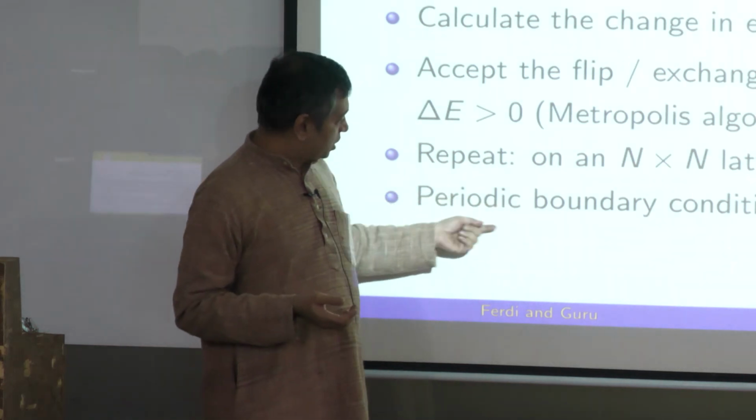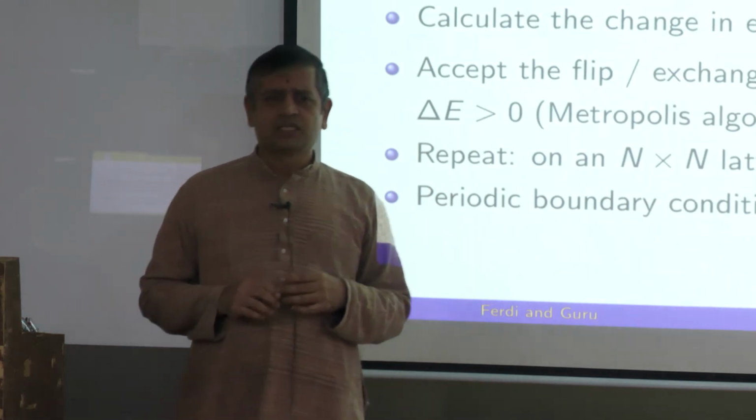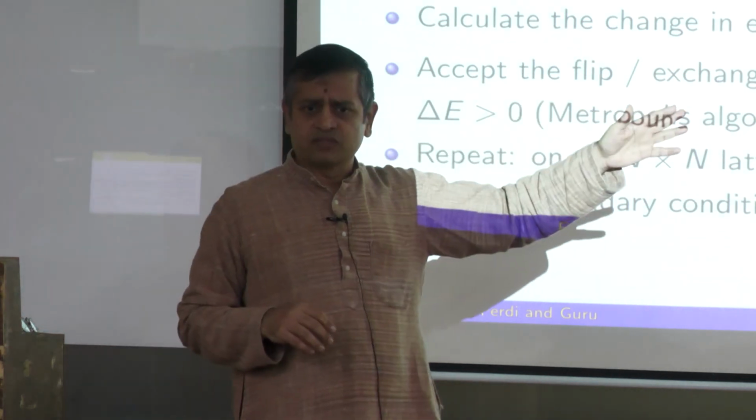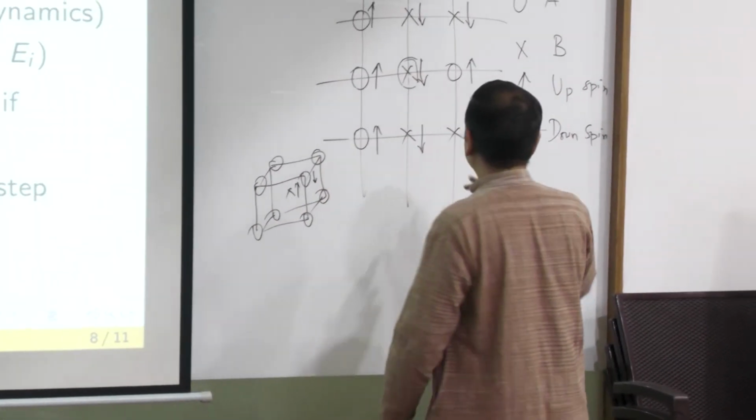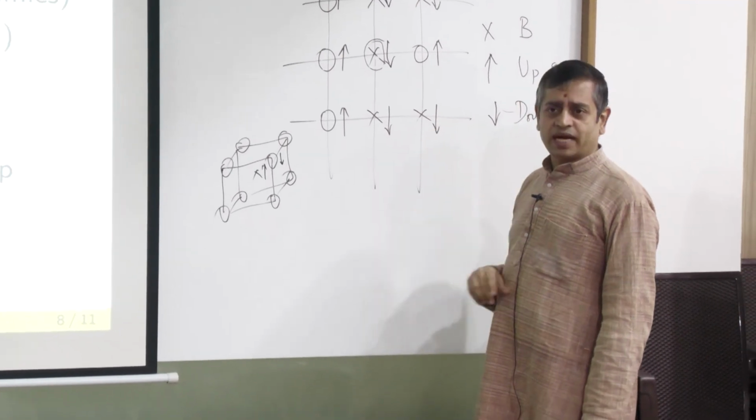Now, like I mentioned, periodic boundary condition is very important even from the algorithm point of view. Let us say that I did not have periodic boundary condition. Suppose this site is chosen randomly.